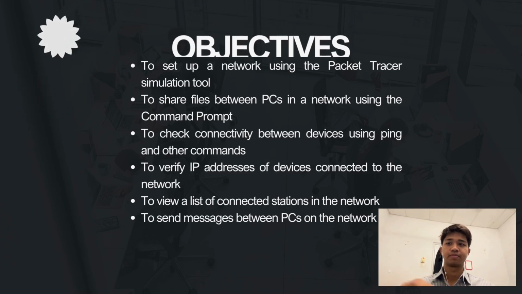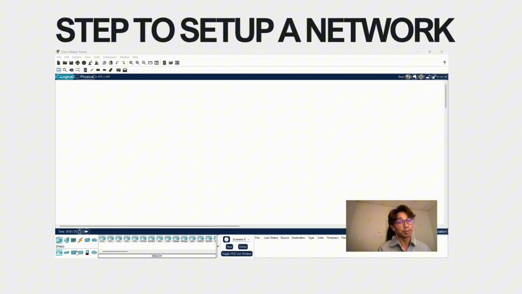Thank you. We are going to share the step-by-step process on how to set up a network in Cisco Packet Tracer. First, we need to put in router 0, which is the 2911, and then pick 2 switches: the first switch is the 2960 switch 0, and then another switch, which is switch 1.